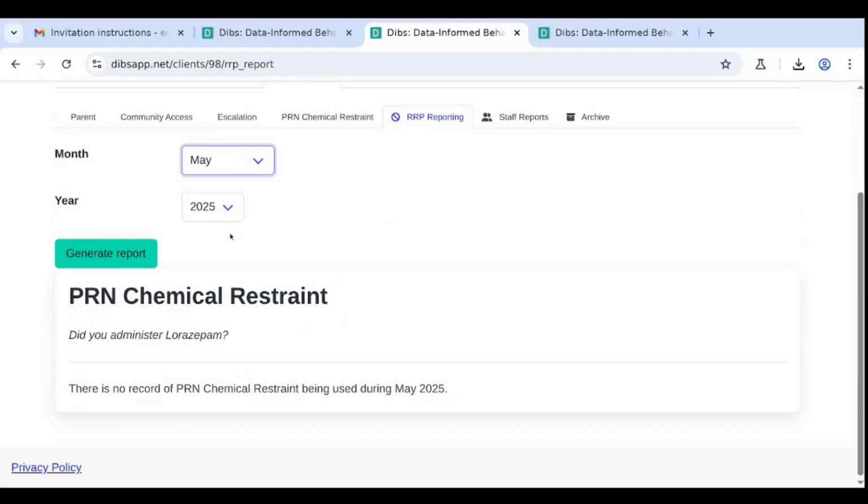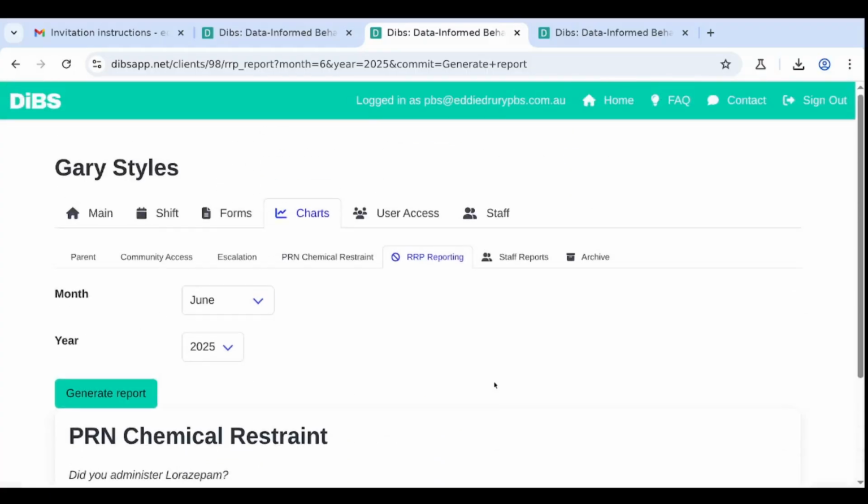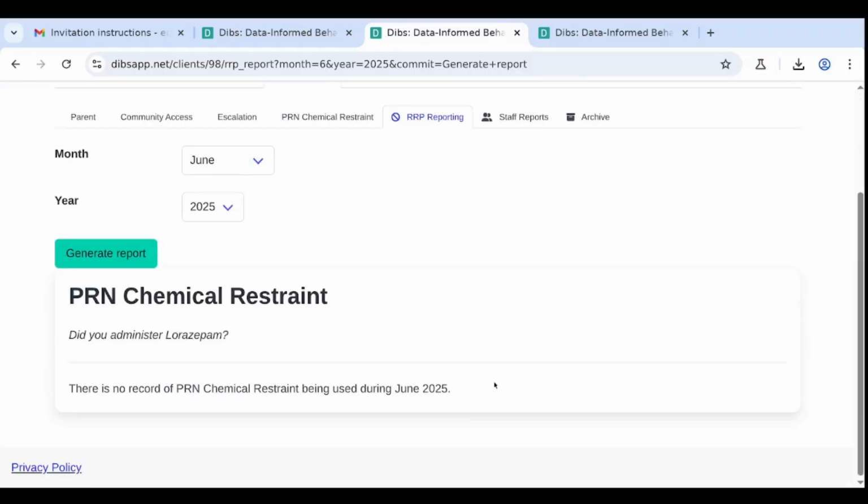And this report is just a simple way of seeing exactly how many times this chemical restraint or this restrictive practice was used over that month period. If there's multiple restrictive practices, they'll all be listed here, and each instance of use will be listed here. There is no record of chemical restraint over this period, so there's nothing to show for Gary, but this would be a very handy feature for implementing providers to follow their reporting requirements.